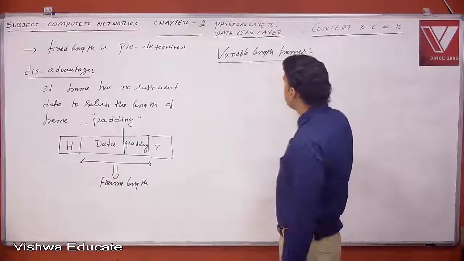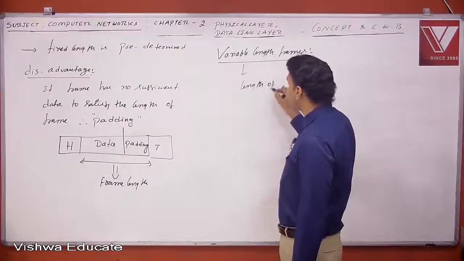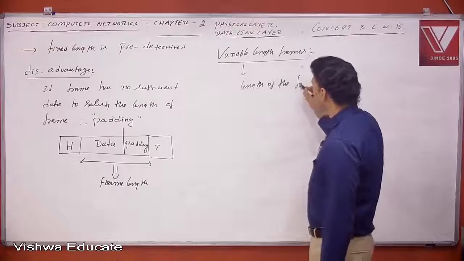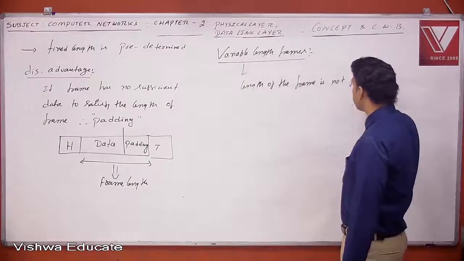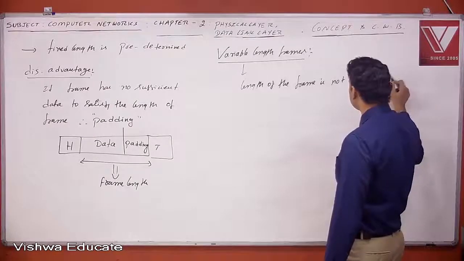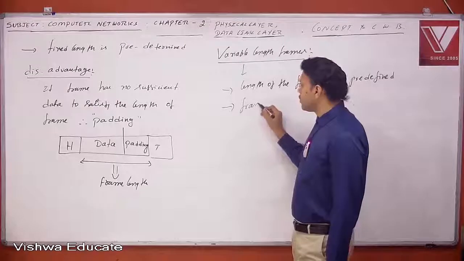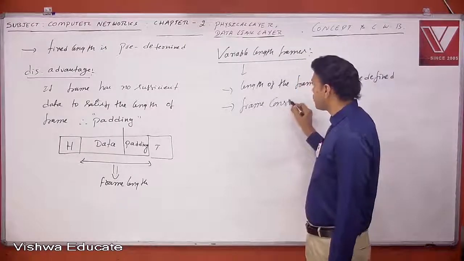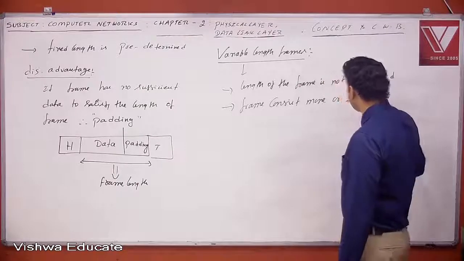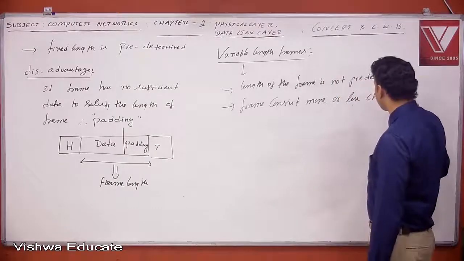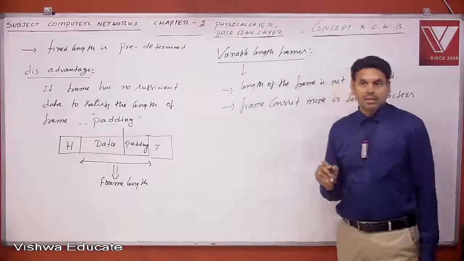So what is variable length framing? The length of the frame is not predefined. Next point, a frame consists of more or fewer characters. So this is another mechanism.